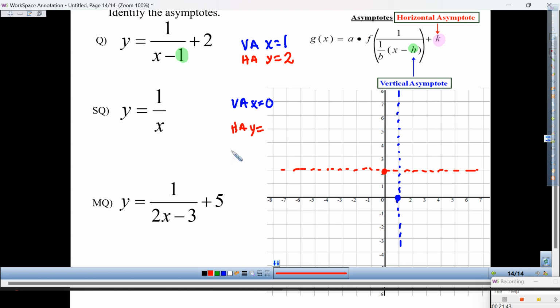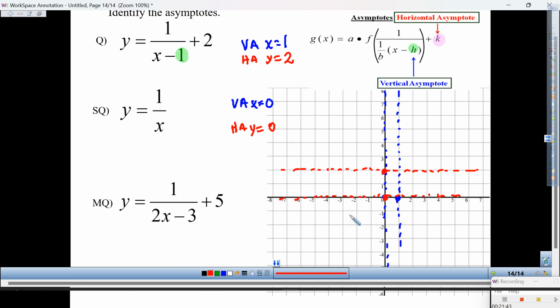What is our horizontal asymptote, or our k? 0 as well, that is correct. So how do you do that, Mr. Q? Let's start with x. x equals 0, up and down, dotted line. y equals 0. It's a horizontal line, so side to side.